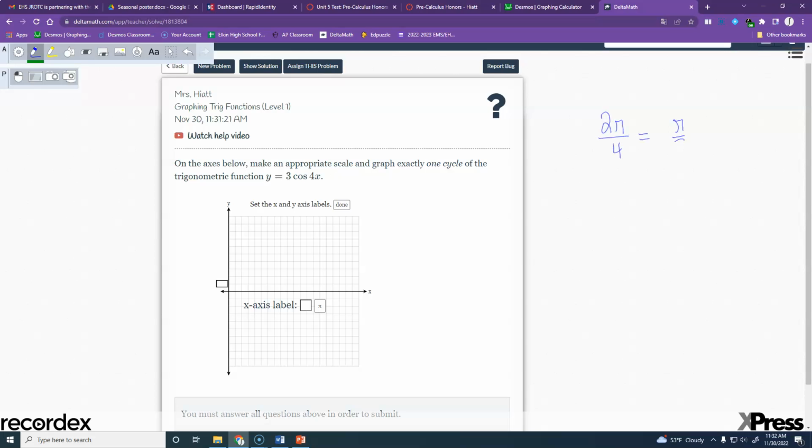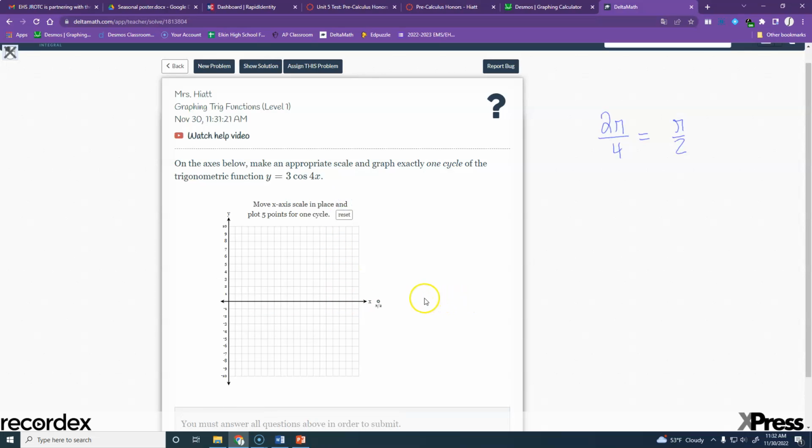So if I want to graph this, I'm going to click over here. I'm going to tell that I want this to go up by 1 right here, and then I'm going to do pi over 2 for my axis label. And so pi over 2 is right here.